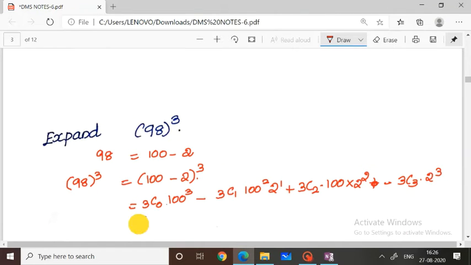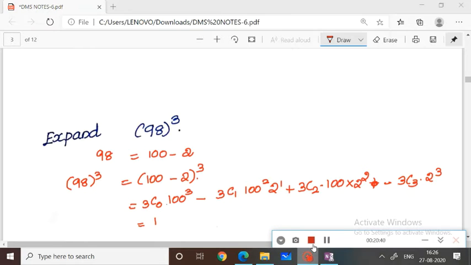That is equal to, you will get the answer as 941192.